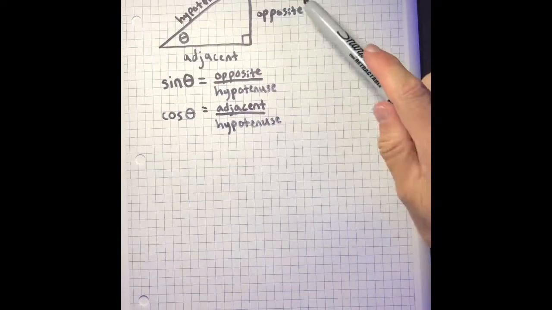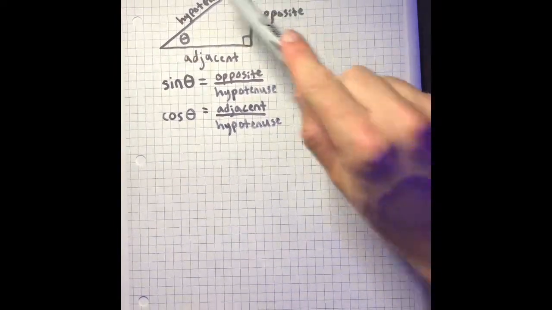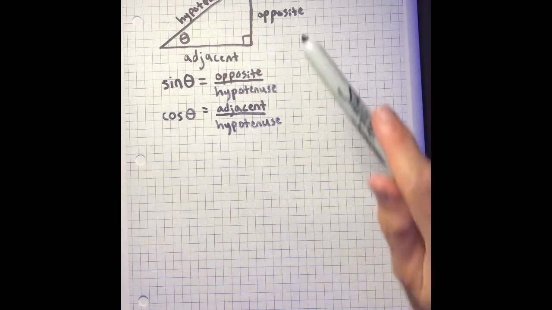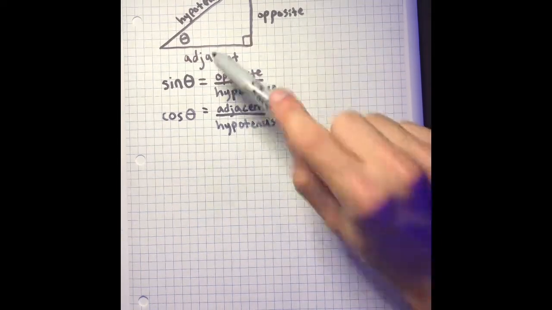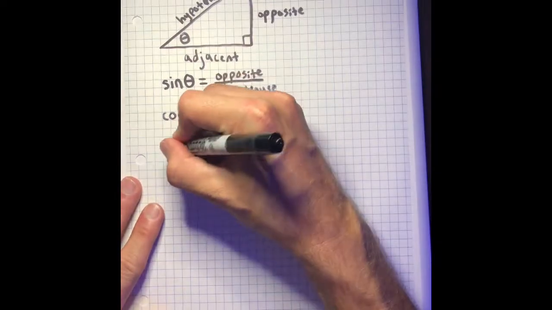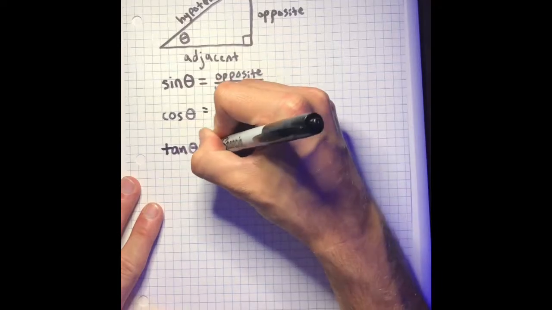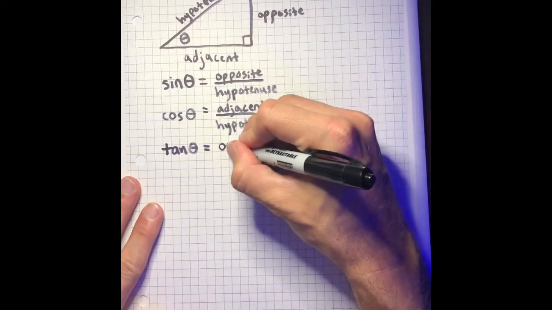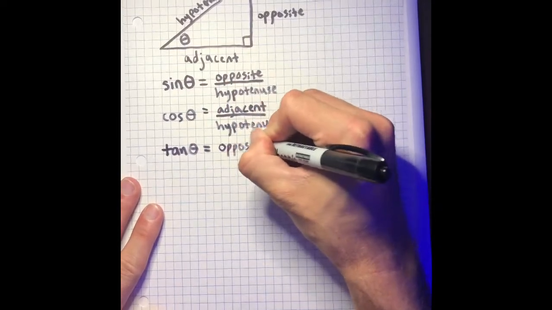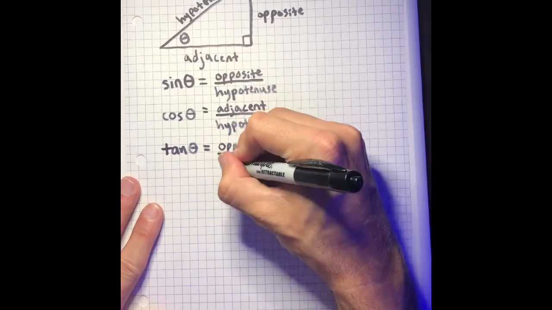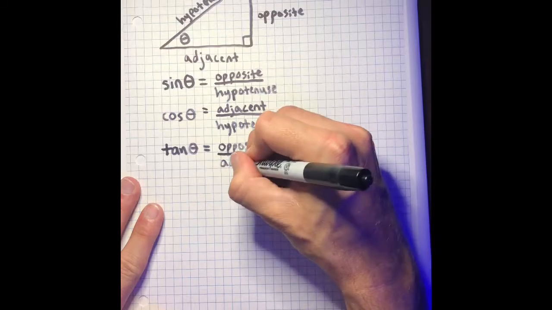So we've compared in a ratio the opposite with the hypotenuse and the adjacent with the hypotenuse. The only other comparison we can make really is the opposite to the adjacent. And that is what we call tangent of theta, which is opposite divided by adjacent.